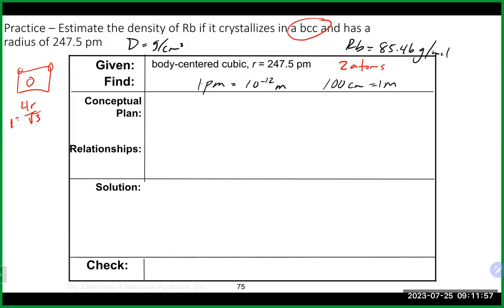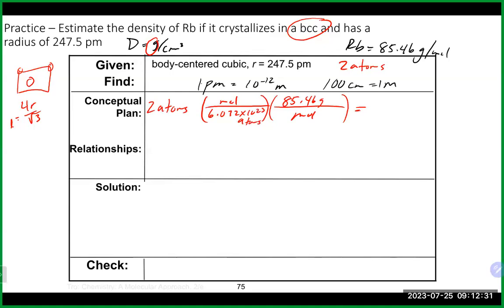So with that being said, we're still going to approach it the same way. We're going to use the atoms there to get to our grams part, and then we'll use the length there, or the radius, which is given to us, to get to our volume part. So starting with our 2 atoms here, once again, we're going to use Avogadro's number to convert that into moles. And then we'll also use the molar mass from the periodic table to convert it into grams, which is what we need for the top part of our density calculation.